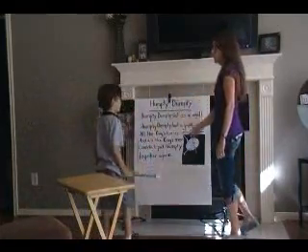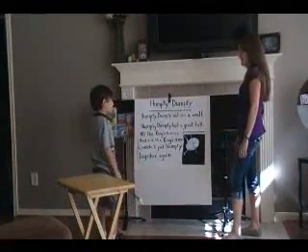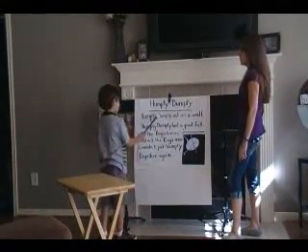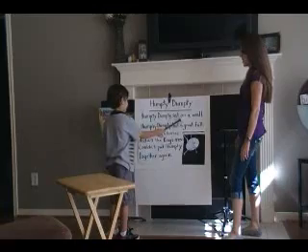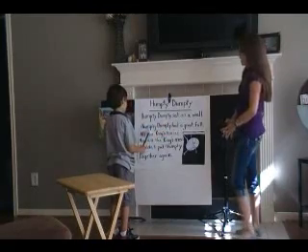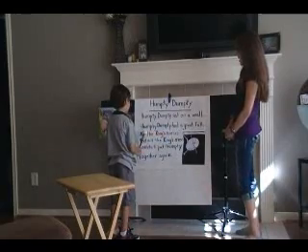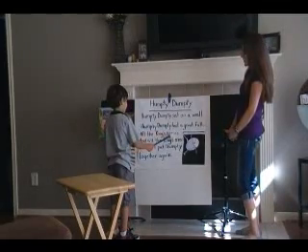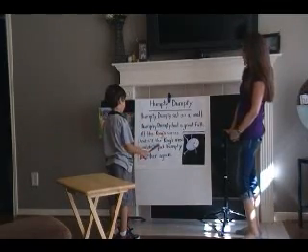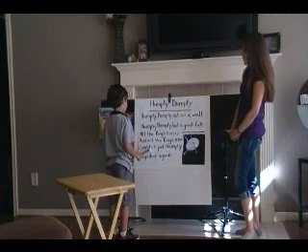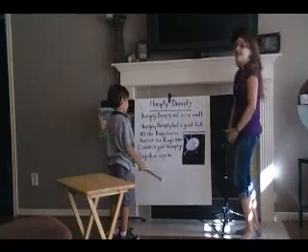I want you to point to it as we read it together, okay? Go ahead. Humpty Dumpty sat on a wall. Humpty Dumpty had a great fall. All the king's horses and all the king's men couldn't put Humpty together again.